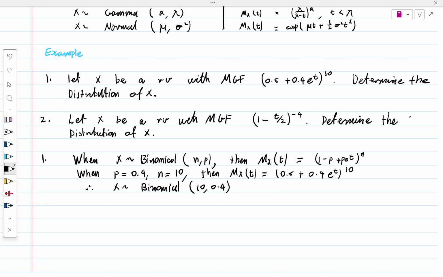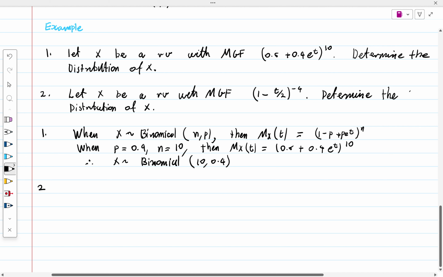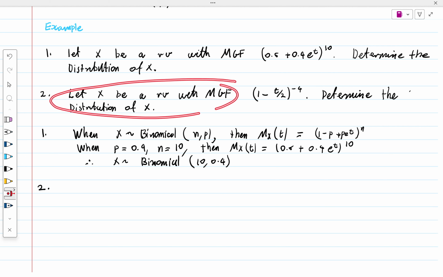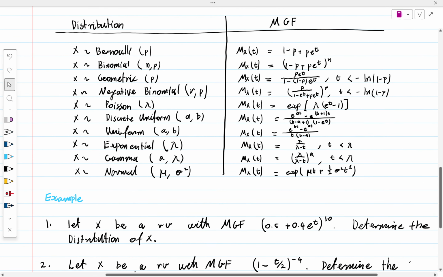So far, so good. Let's have a look at another one, particularly the second case. Let X be a random variable with MGF (1 - t/2)^(-4). Determine the distribution of X. Well, this one's a bit of a tricky one because I've got a negative power.